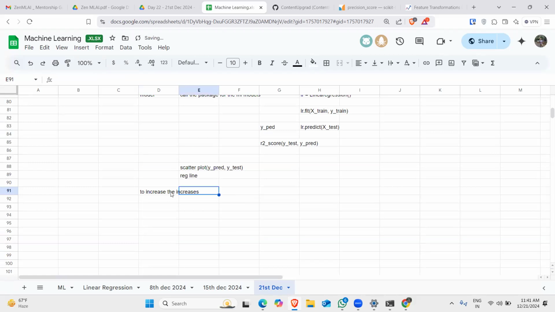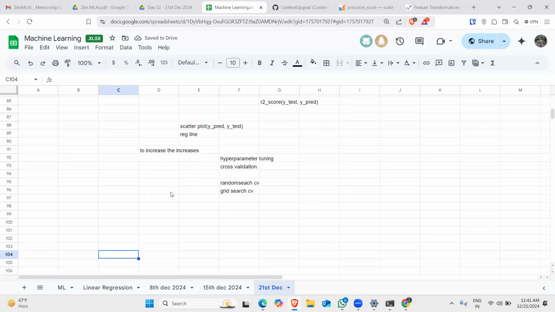But to name a few, we have hyperparameter tuning, cross validation, random search CV, grid search CV, something like that. Then again, we check whether the accuracy has increased or not. We'll find that by using hyperparameter tuning, not necessarily all the time, the accuracy increases.